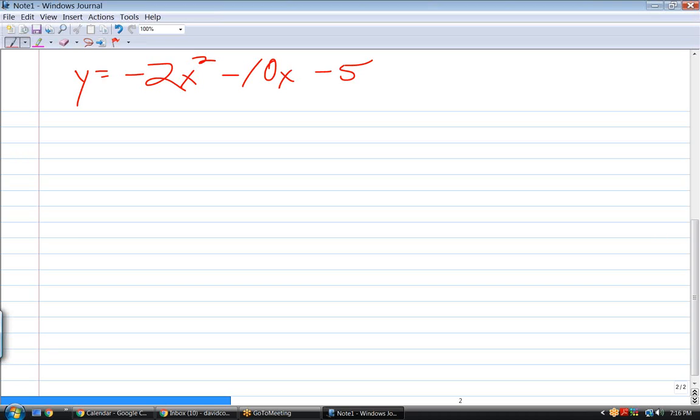And it's a vertical parabola because we have y and we have x squared. Do you know how to find, in other words, you're looking at a max, which is the vertex. Do you know how to find the max and also the two places where it crosses the x-axis?